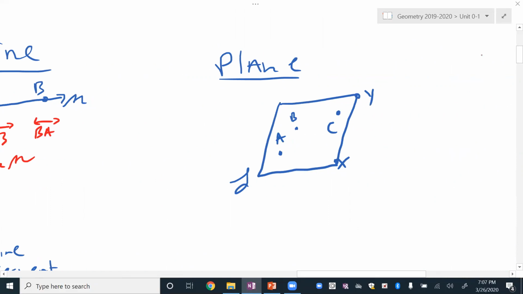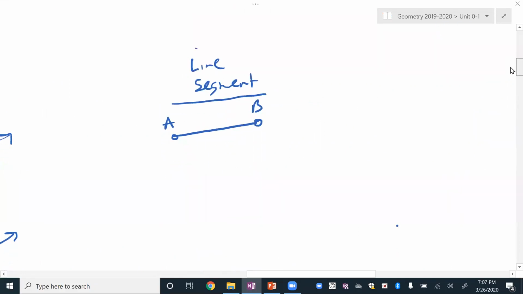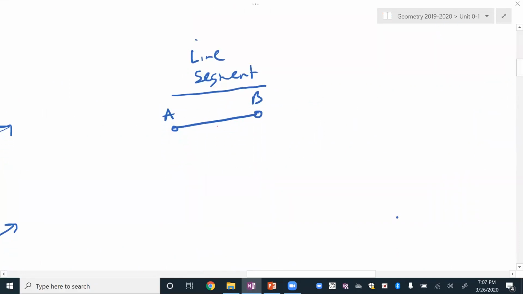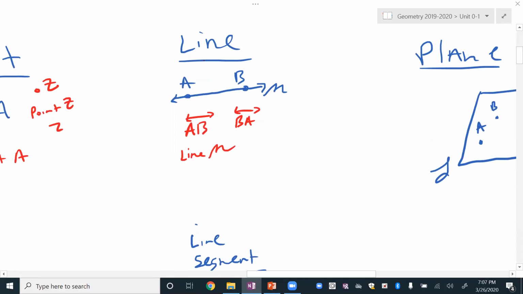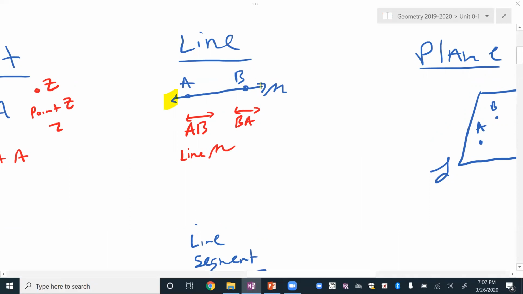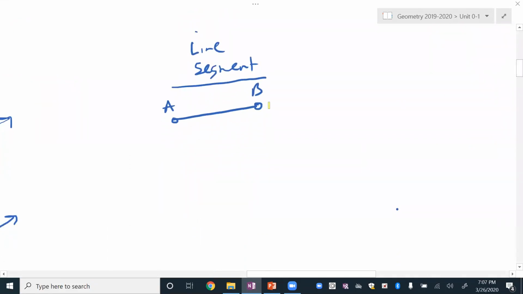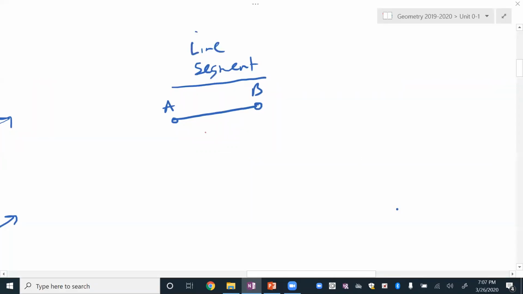Now, the other part, for planes. Oh, wait. If we have a line, we also have a line segment. So what's the difference between this segment and this line? If you're wondering, and you're like, oh, I see, it's these little arrows right here, you're correct. These are called endpoints. You have two endpoints here.